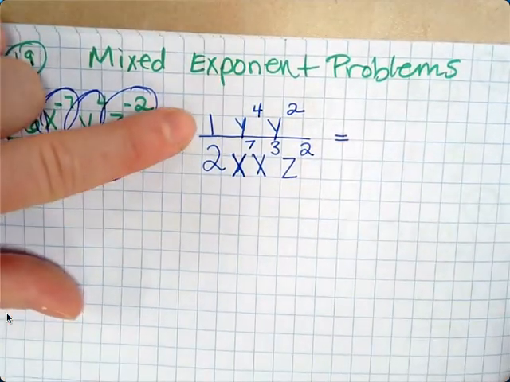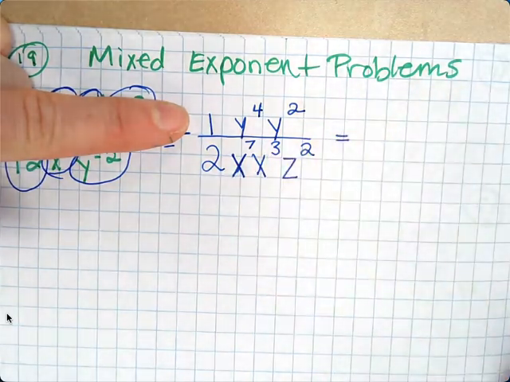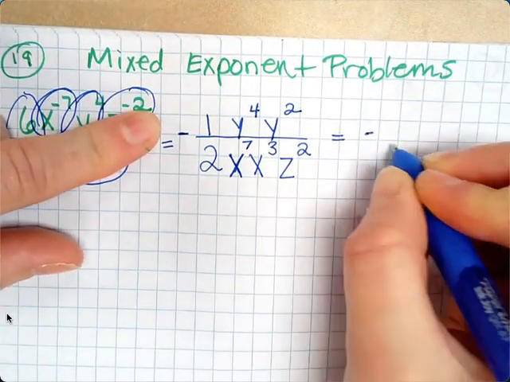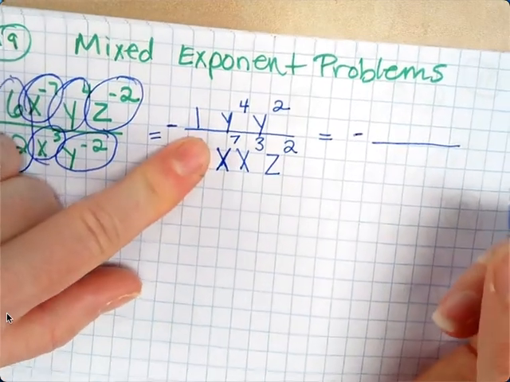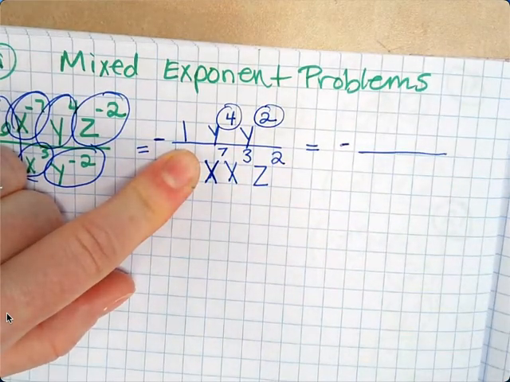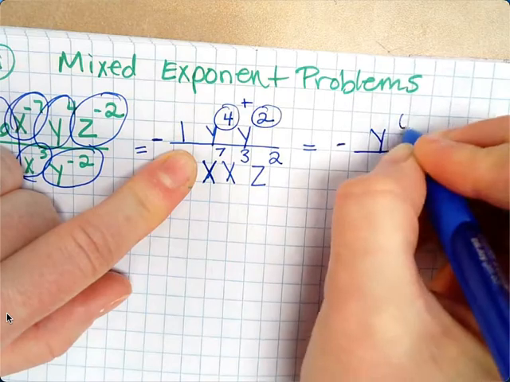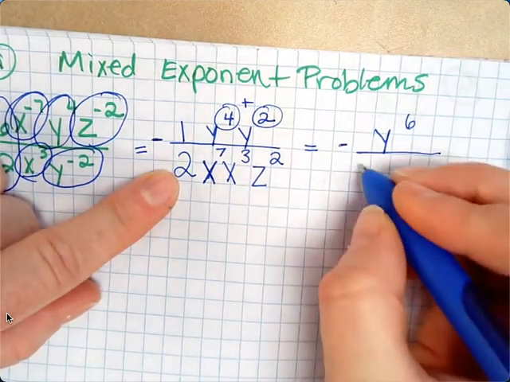Do I need this one here anymore? No, because there are terms on there. So I still have a negative out front, and this is still a fraction. And this is all being multiplied. Whenever you multiply, what do you do with your exponents? Yep. So this would be y to the 6 on top. And then on the bottom, we have the 2.